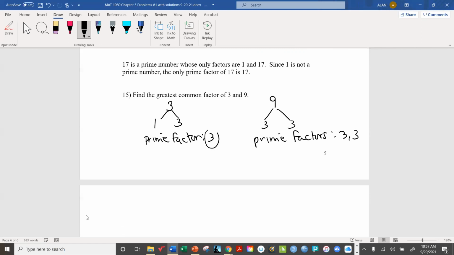What we're aiming for is to find what they have in common. They only have the 3, so therefore 3 is the greatest common factor of 3 and 9. Yes, and sometimes that happens, and one of the two numbers is the greatest common factor, and that's certainly what happened here. Okay.